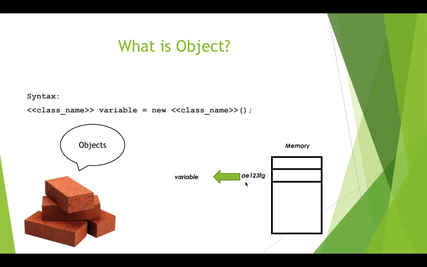This is an example of an address: AE123FC. This address is stored in the variable. Based on this variable, we can go to that memory and store values, or retrieve the values using this variable, right? So this is the diagram.